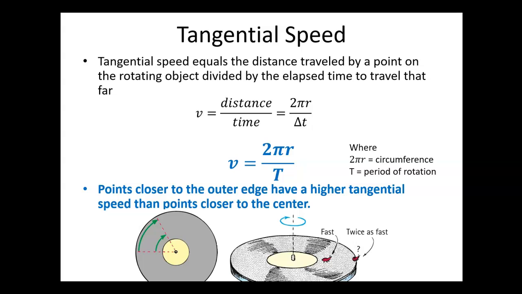And so each point is making a revolution around the circle in the same period T. But when you compare the tangential speeds, you'll find that something toward the outer edge of the record will have to move faster than something closer to the center of the record. And that is because the objects toward the outer edge have a larger circumference that they have to move through in that period T. And so they have to go faster to move all the way around in that amount of time.